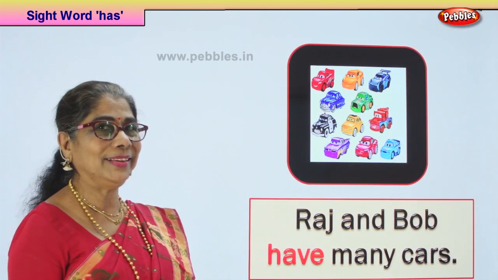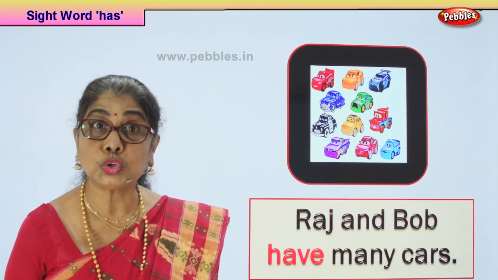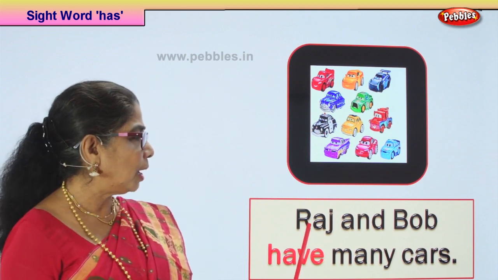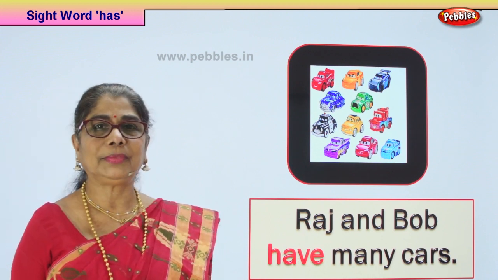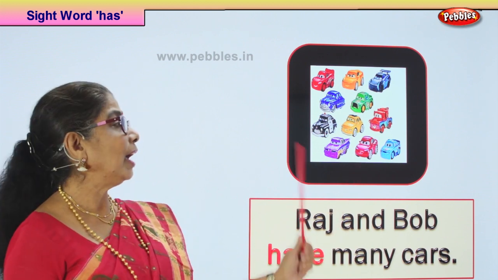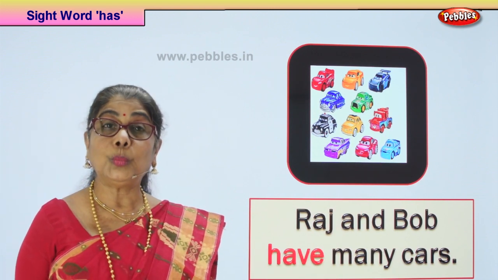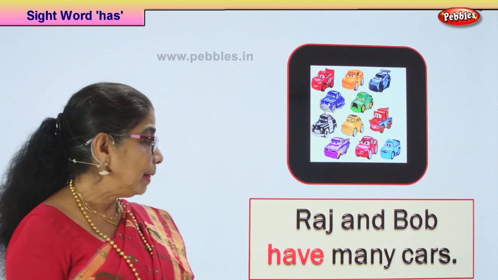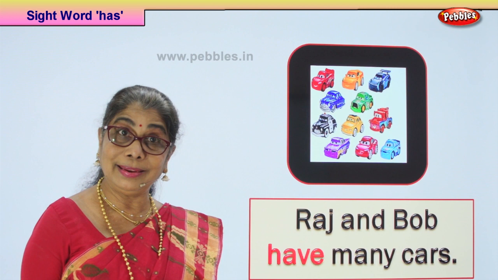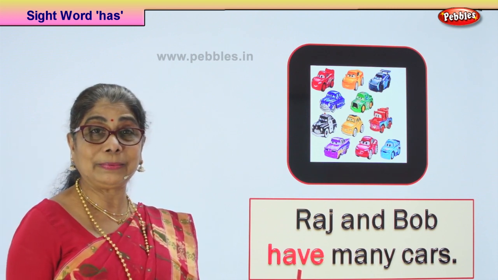Look, see what we have here. My goodness, a box full of cars, toy cars. Who does it belong to? Belong to Raj and Bob. Raj and Bob, they are brothers. They have a box of tiny toy cars. We are learning to read a sentence that begins with the capital letter, ends with the full stop, and we have a sight word in it.